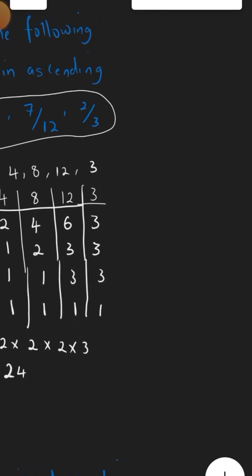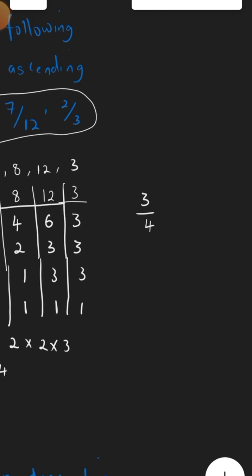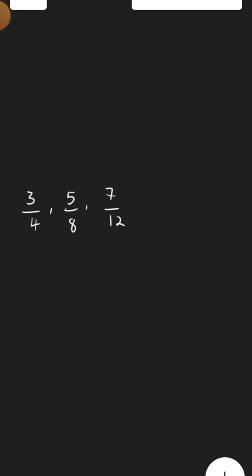Then I have 5 over 8. I have 7 over 12, and I have the last one, 2 over 3.